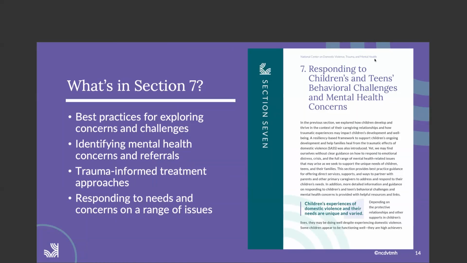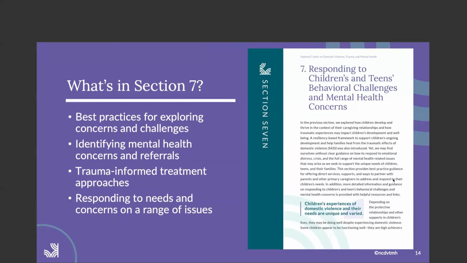So section 7 provides some best practice suggestions in terms of offering direct services. And so Susan and I really believe that partnering with survivors, caregivers as allies is a best practice for dealing with some of the challenges that come up.